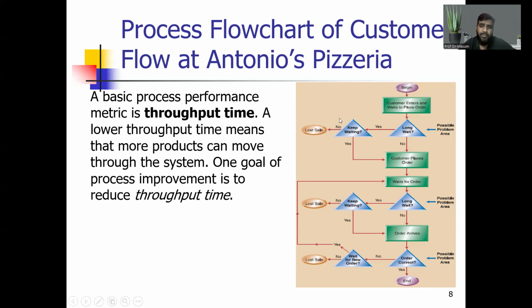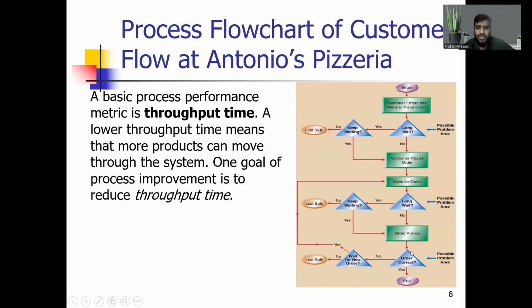The whole time from beginning to end is known as throughput time. A basic process performance metric is throughput time, meaning the time from production begin to production end. A lower throughput time means that more products can move through the system.